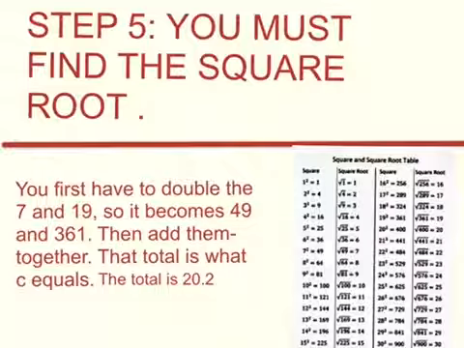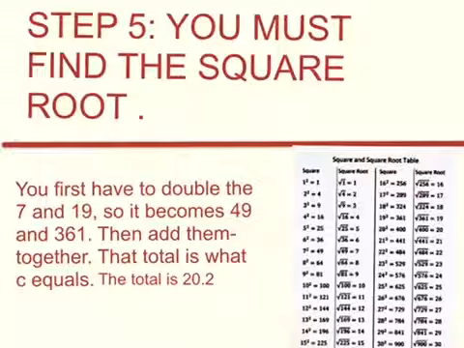Okay, so for step 5, you must find the square root. You first have to square the numbers, 7 and 19, which we already did, so it's 49 and 361. Then you add them together. The total is what c squared equals. So let's find some room here.